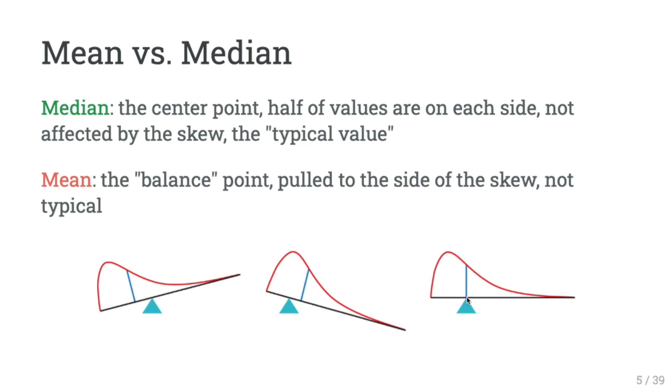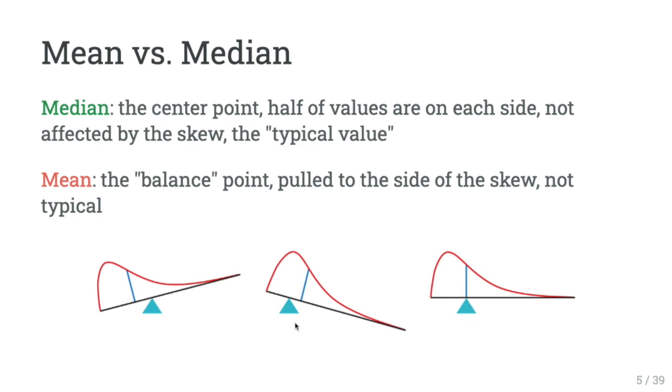Now, if we're looking at the median, it's probably more like this point right here. So the median isn't going to balance it. It's just going to be the middle value. And when you have a right skew, the median is going to be slightly to the left, if not a lot to the left, of the mean.